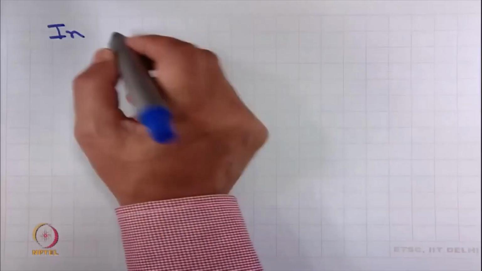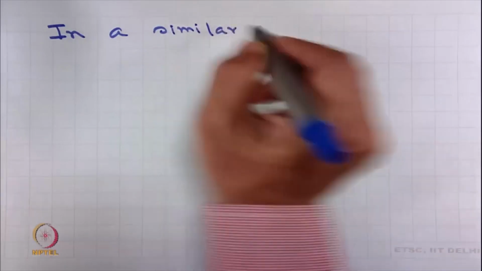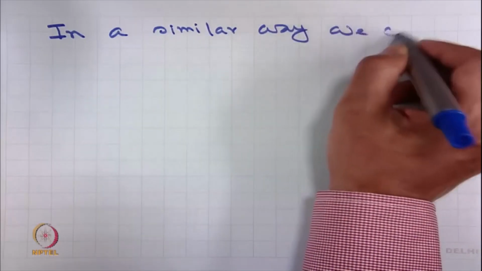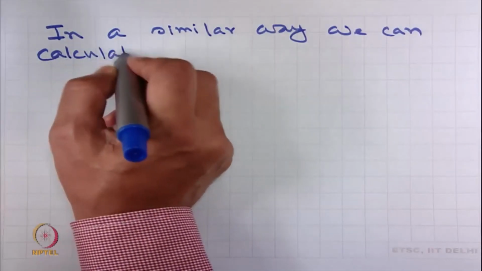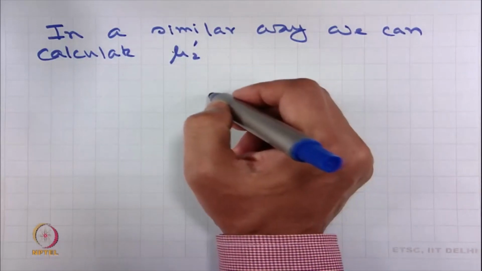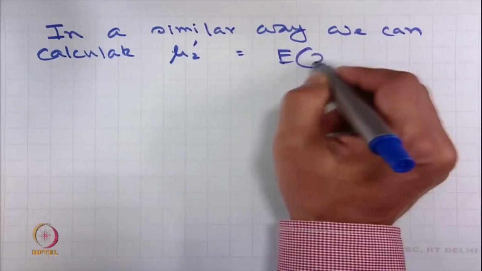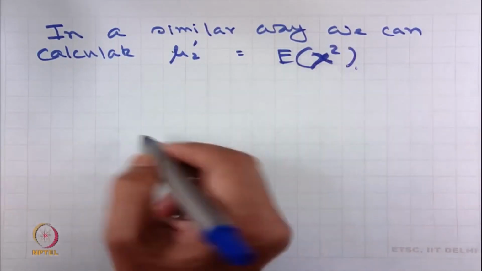In a similar way, we can calculate mu2', which is the expected value of x squared. So, what is it?